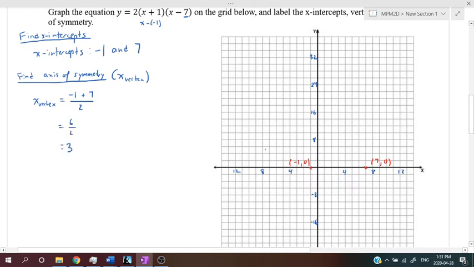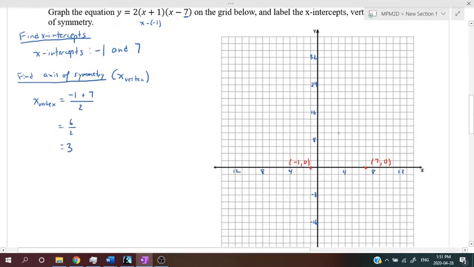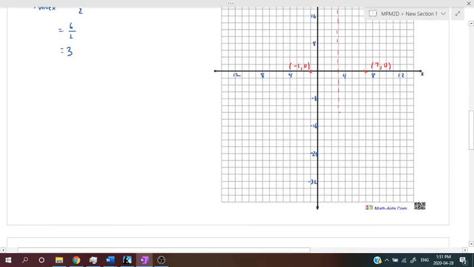Okay, so our axis of symmetry, and I'm going to change colors here again. Our axis of symmetry should be running through 3, right? So we should have an axis of symmetry like that. I'm going to just extend it a little bit longer.